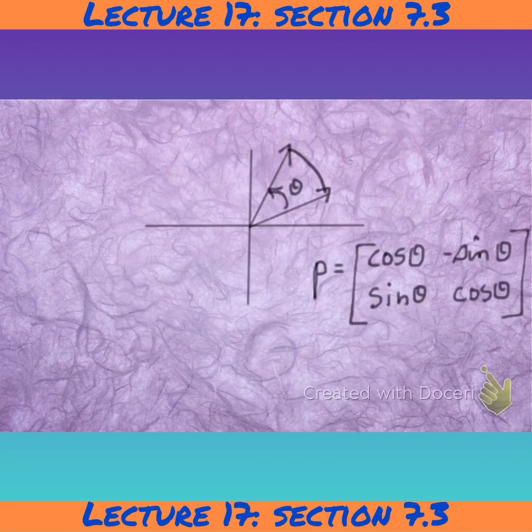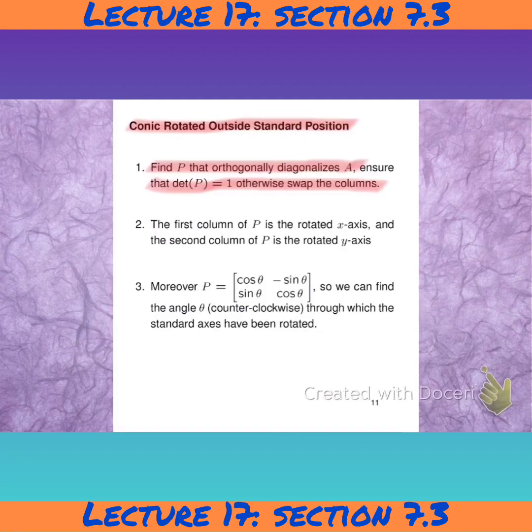Now recall when we looked at transformation matrices, the matrix that rotates a point x, y through theta, we derived as that matrix there. Now with a conic section, we want to transform the coordinate system. We want to rotate it from where it is to the standard position. So that's where the following comes in. The first column of P is the rotated x-axis, and the second column of P is the rotated y-axis.